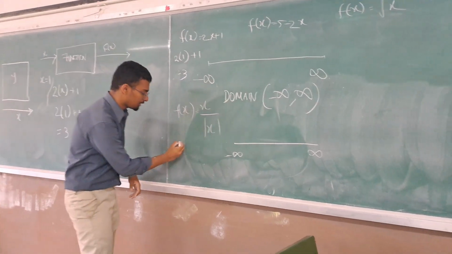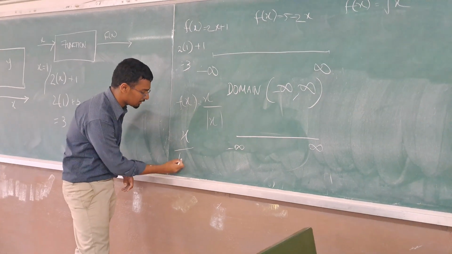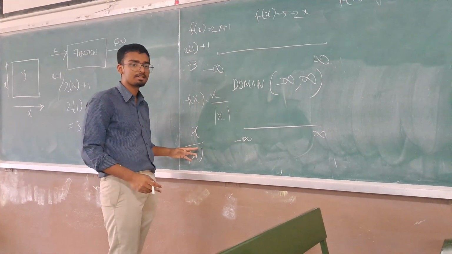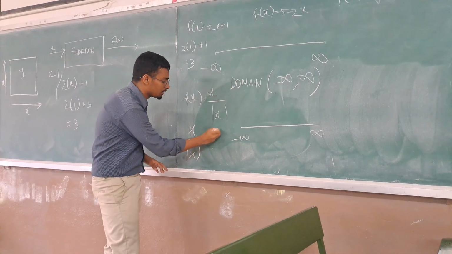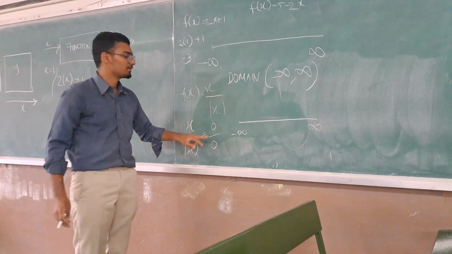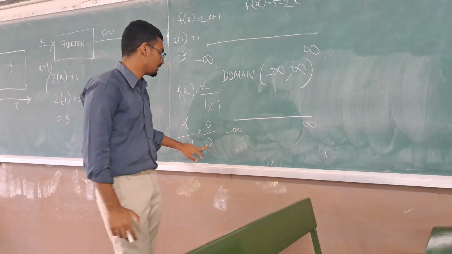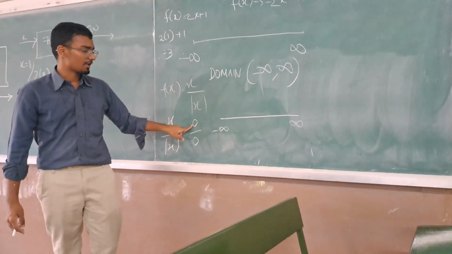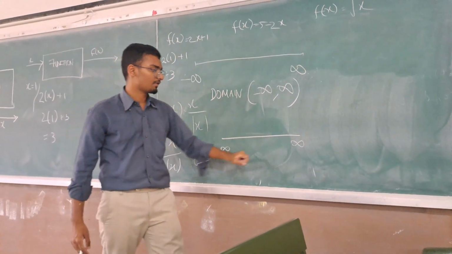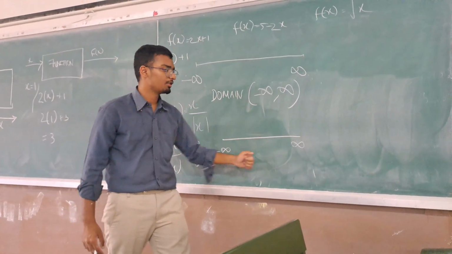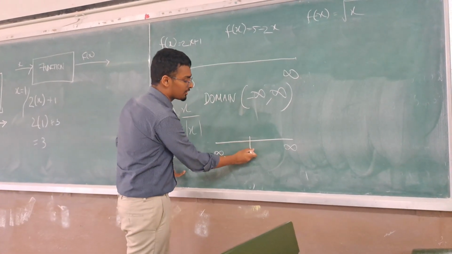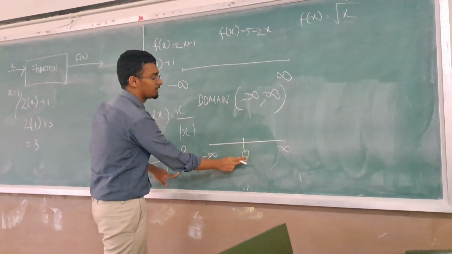So I am making it an example. x divided by modulus x, substituting 0 value, 0 by 0 will be an undefined term. So we are removing 0 from these ranges. From minus infinity to plus infinity, we are eliminating 0 only. So we are mentioning this 0 term here.